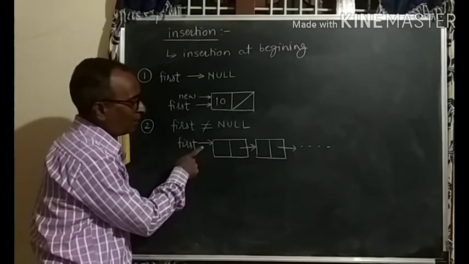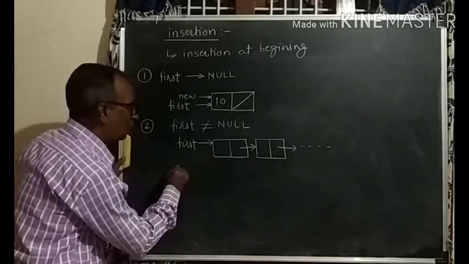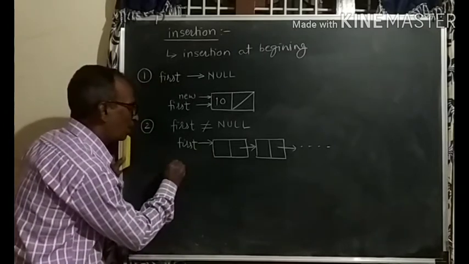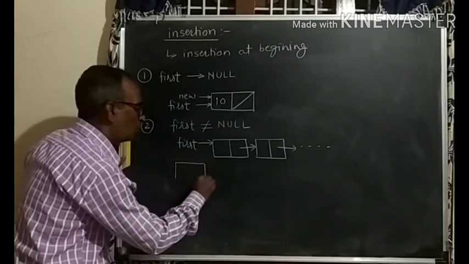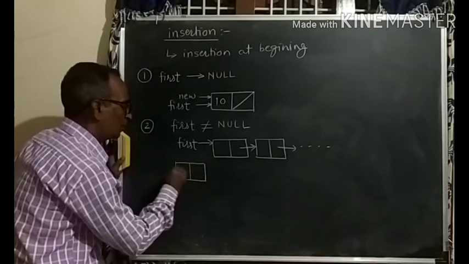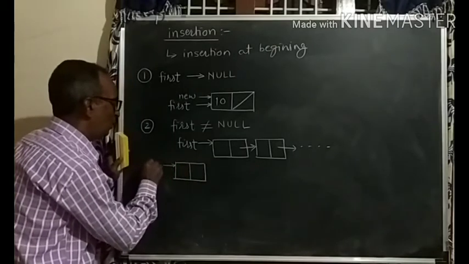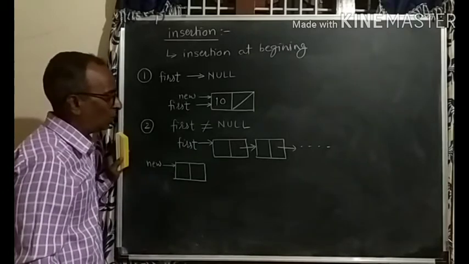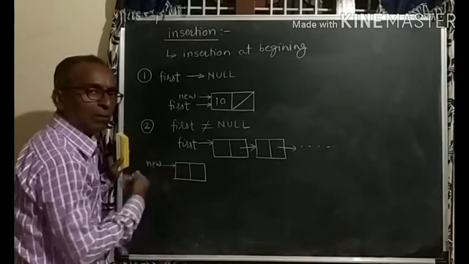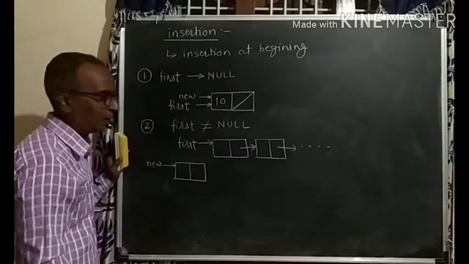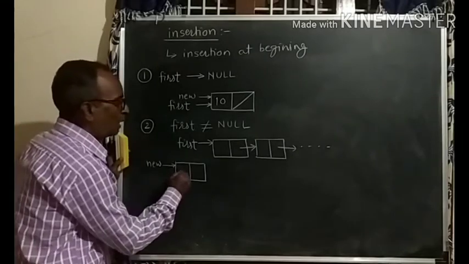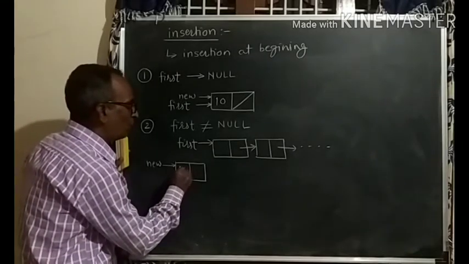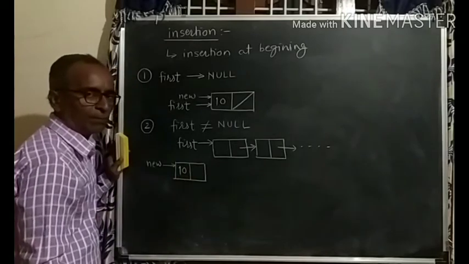So what will happen? I have to create one node. Steps are same. I have to create new node. This is pointed by new. Means you have called the malloc function for allocating a memory block of this structure size. You are giving information field whatever you want to give.